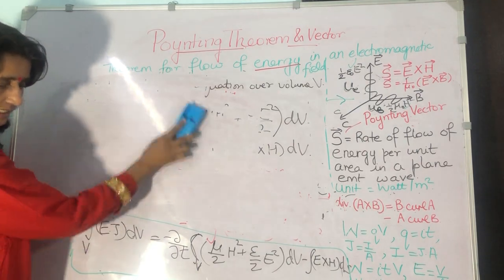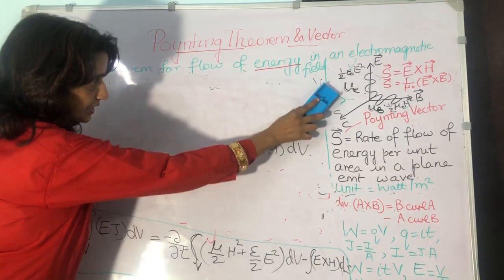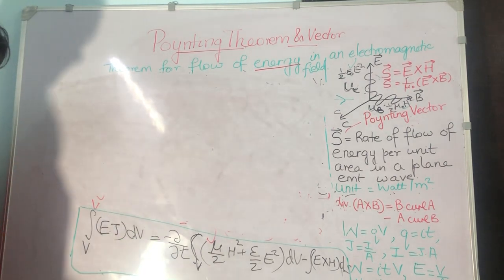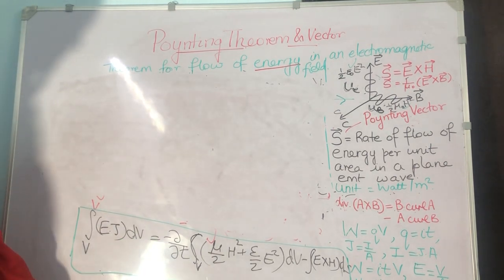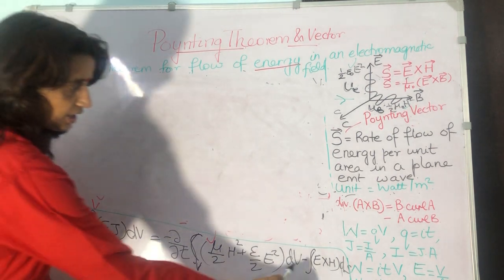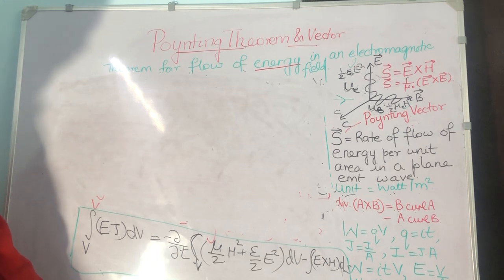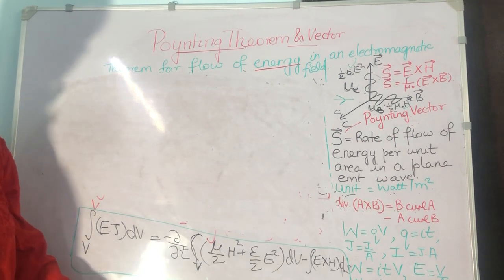The second expression is the sum of energy due to electric and magnetic fields, and the last expression E cross H is the rate at which energy is carried out of volume V through its boundary surface, and is basically the rate of flow of energy.